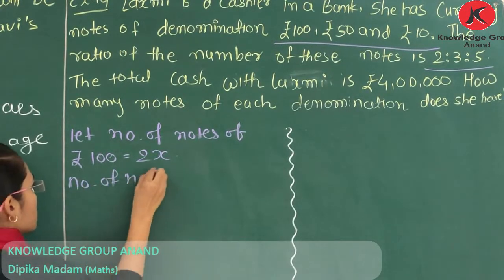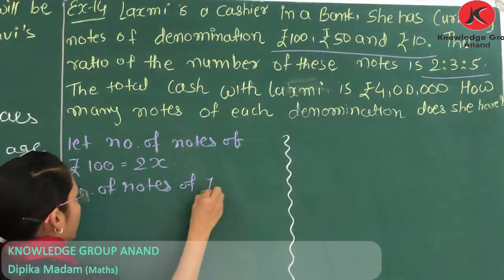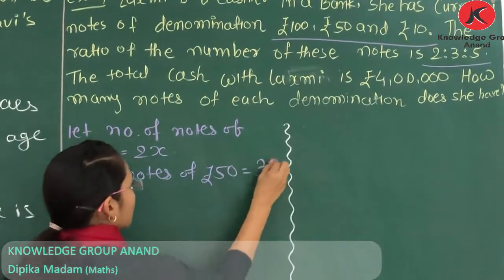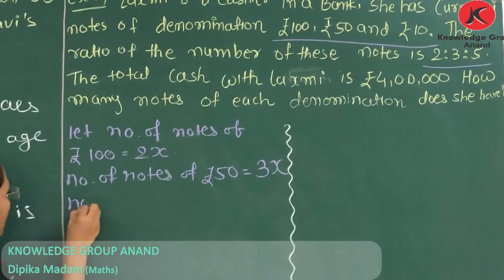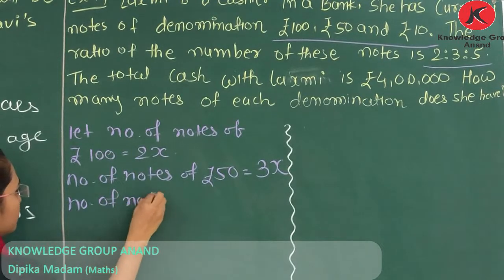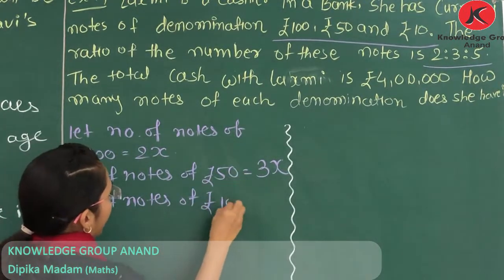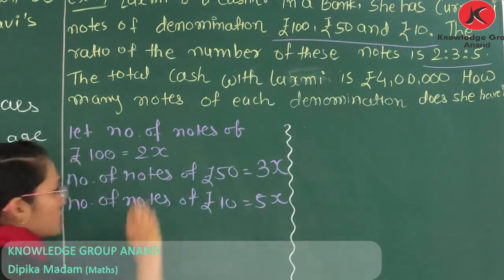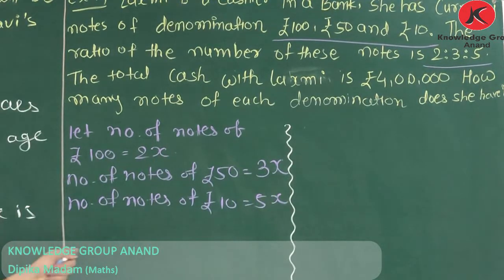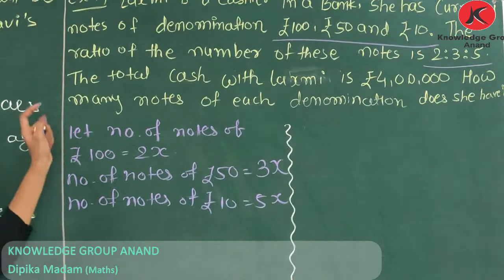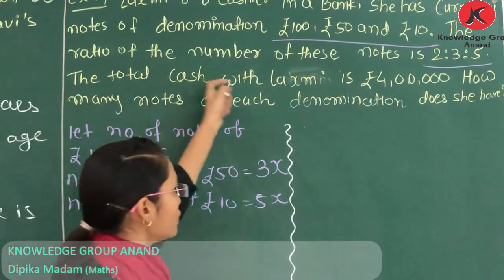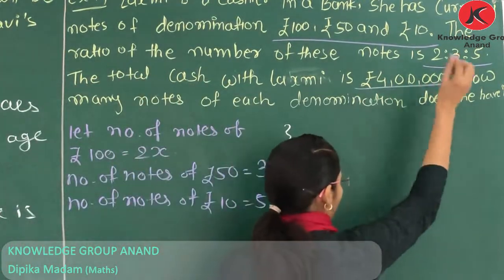Number of notes of rupees 50 is 3x and number of notes of rupees 10 is 5x. Okay, but these are the number of notes. Next statement is the total cash with Lakshmi is 4 lakh.